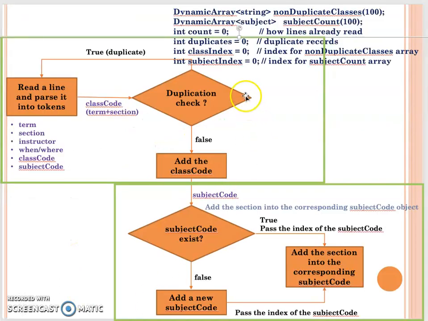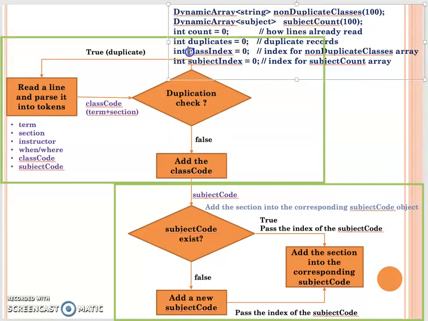So what is the class index? The class index is actually for the non-duplicate array. This one we start from 0. So starting from 0 means so far I have no elements in the non-duplicate classes. So then one thing is, if I find any non-duplicate class code, I need to add it into my array.